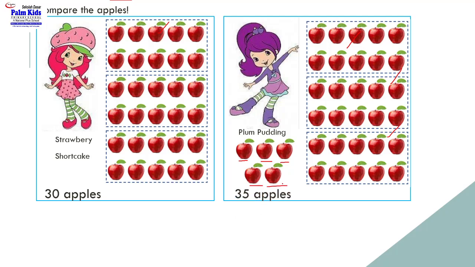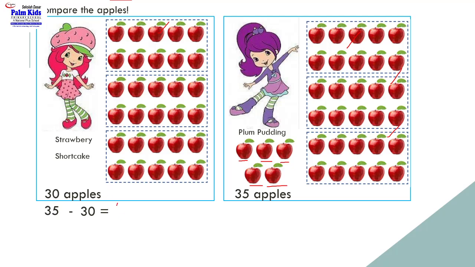35 apples. Next step is write the bigger number, subtract the smaller number, and then you count. From 30 to 35 is 30, 31, 32, 33, 34, 35. You count forward.